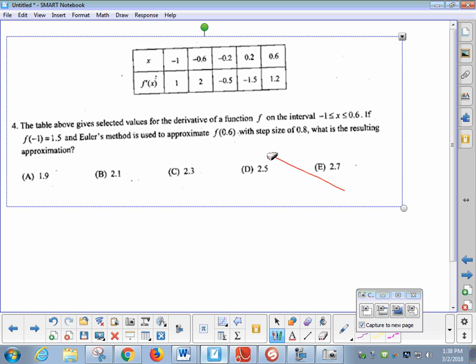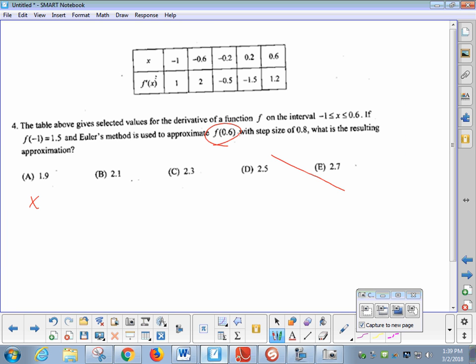Okie dokie. So we are starting at... Where are we starting? Oh, we're starting at -1, right? And we're going to 0.6, in two steps.